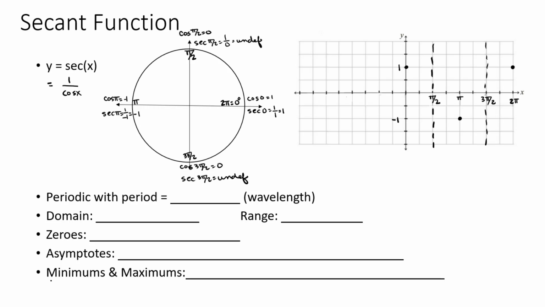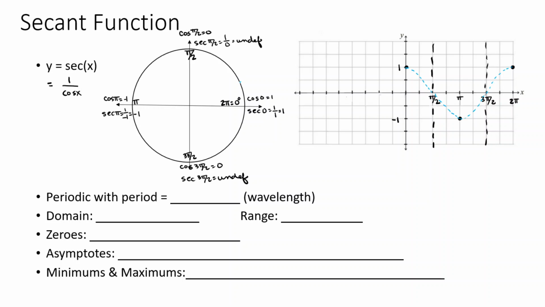Okay, now let's think for just a minute what the cosine function looked like. The cosine function would have taken these dots, gone through 0, connected to the next dot, and back up through 0. Okay? So let's think about what the reciprocals are doing.